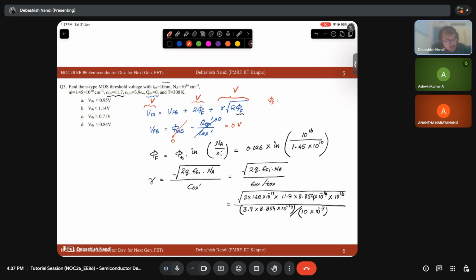It is also volt. So the square root of 2 phi f unit is square root of volt. To have volt, gamma has to have the unit of square root of volt, right? So this is called dimensional analysis. You can do just a quick check for sanity. So if you calculate, it should come to something close to this. Do the calculation yourself, okay?